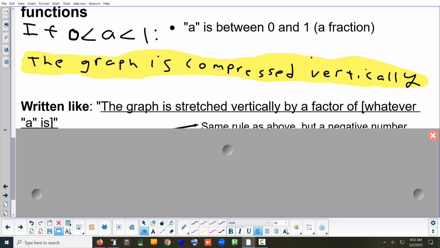You're really shrinking because you're stretching by 1/2. So anytime the number that's in front is between 0 and 1, it's really shrinking. But we can still write the answer the same way. Stretched vertically by a factor of, and then fill in your number.